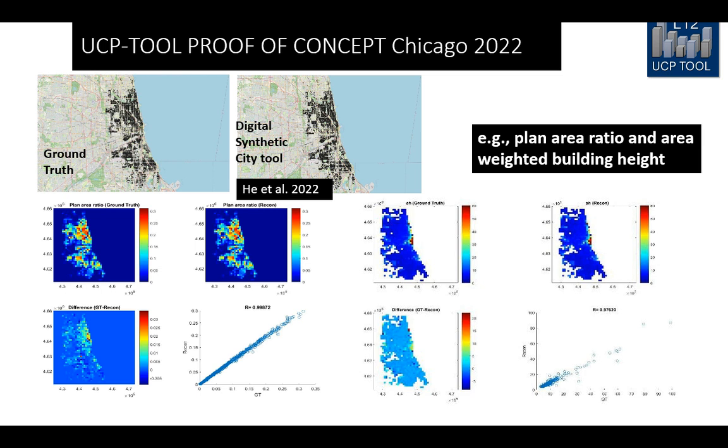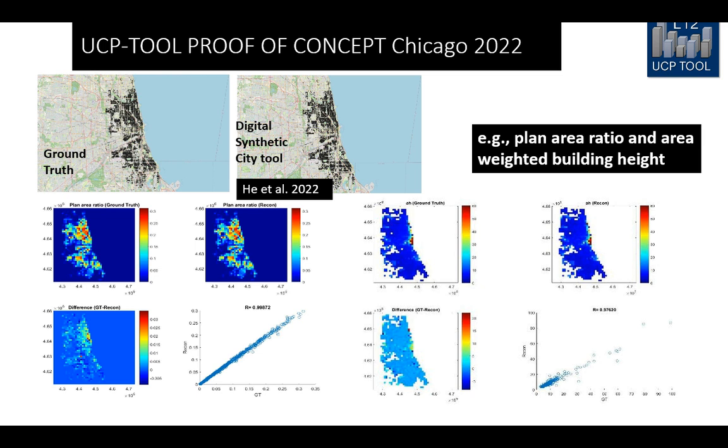Next one. Okay, so that particular methodology, we call it the digital synthetic city tool. On the far left, on the top, is your ground truth. The digital synthetic city tool, as of late last year, this is Chicago, compared to the ground truth.